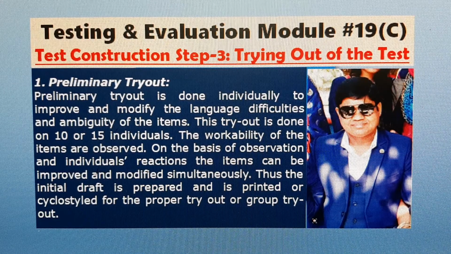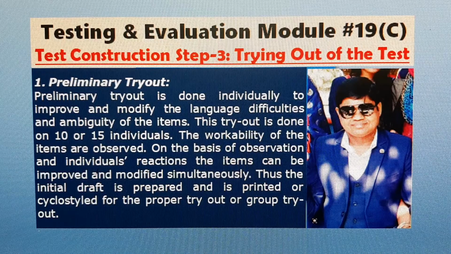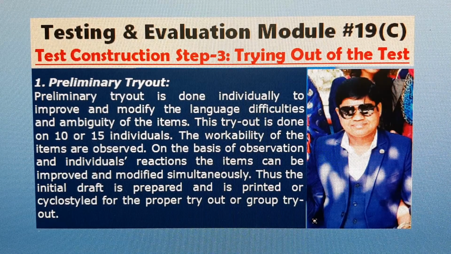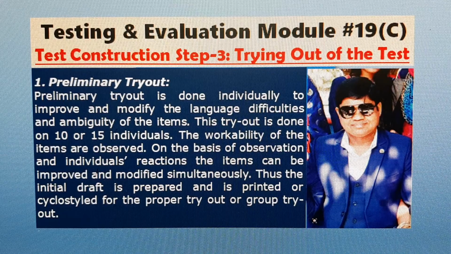This tryout is done on 10 to 15 individuals. The workability of the items are observed. On the basis of observation and individuals' reactions, the items can be improved or modified simultaneously.